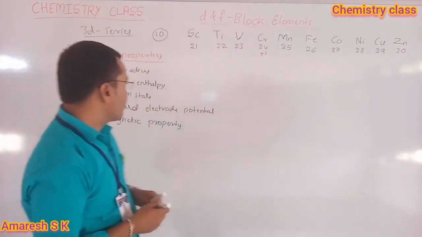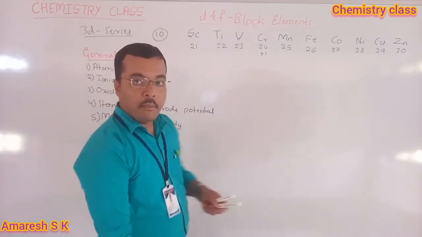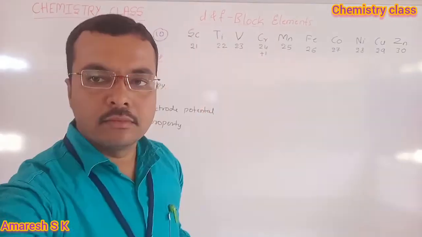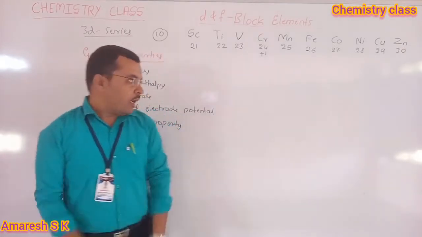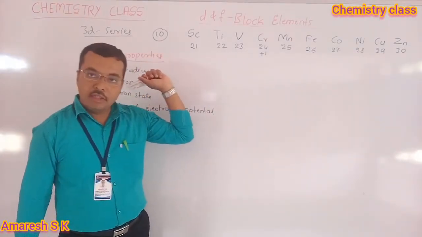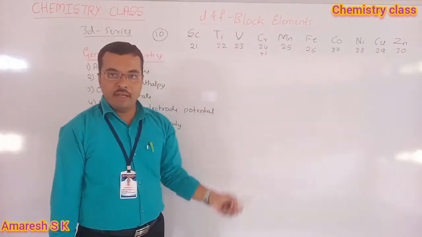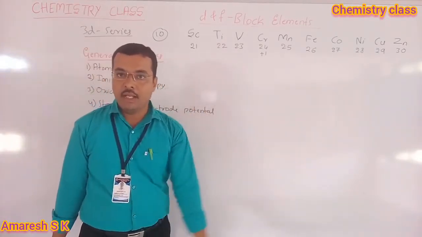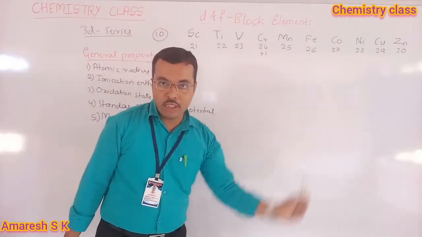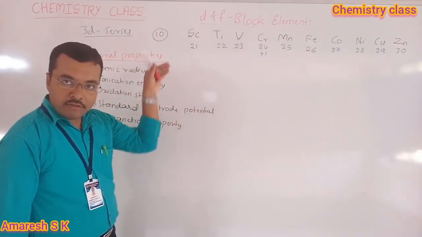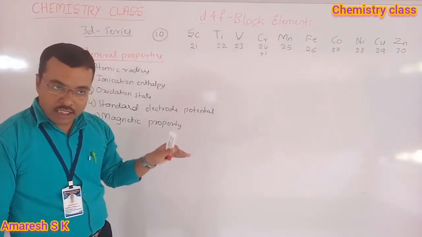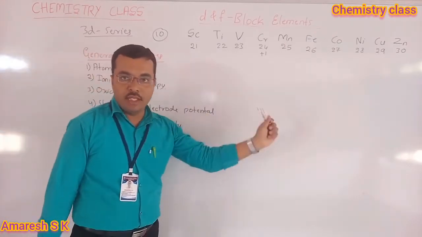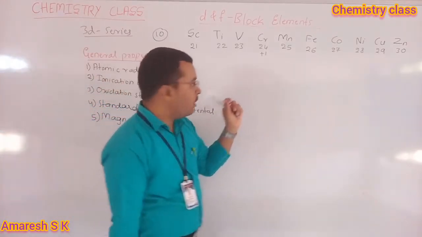Next most important property, that is called the magnetic property. Already we know the majority of the D series of elements, as we move from left to right in the periodic table, the metallic property is going to decrease. As we move from top to bottom, metallic property increases. As we move from left to right, the metallic property is going to decrease.